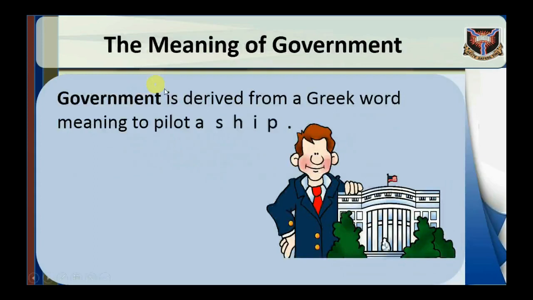The meaning of government. Government is derived from a Greek word meaning to pilot a ship. It is a fitting derivation since, in metaphorical terms, to steer the ship of state.